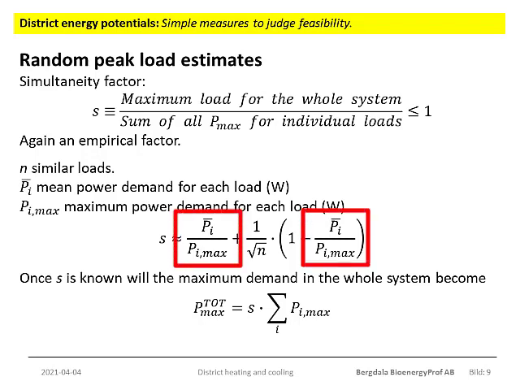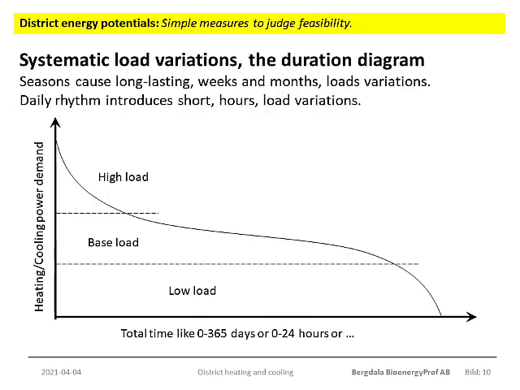So the ratio between mean and peak values will be very small, and the smaller this ratio, the more pronounced is the reduction obtained via the simultaneity factor. It is obvious that this is a very approximate method, but then if you have nothing else, you have to do something. That was for the random variations, but now let's spend a few words about systematic peak loads.